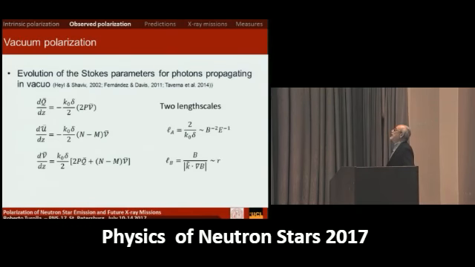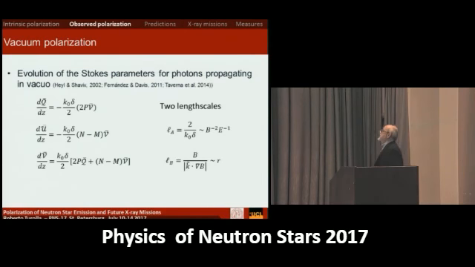The first one, let me call it L_A, is simply 2 over k_0 delta, and this is proportional to B^-2 and the energy of the photon to the minus 1. This is the characteristic length scale over which the Stokes parameters change. There is a second very important length scale which I call L_B, which is simply B divided by the modulus of k times the gradient of the modulus of B.